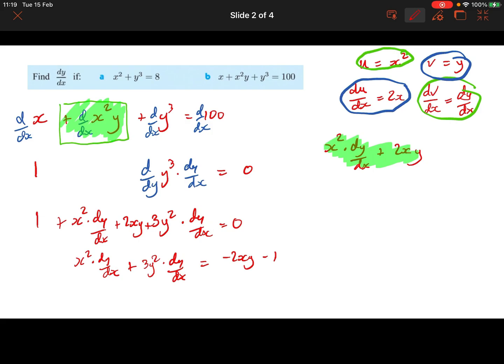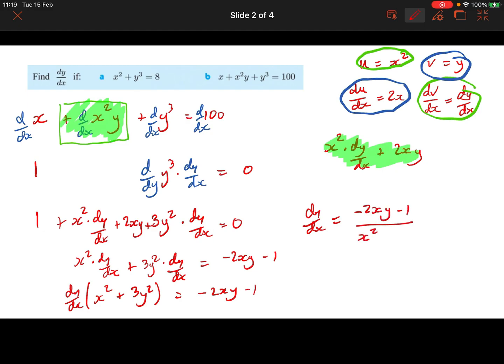Then I'm going to factor out dy/dx. So dy/dx becomes x squared plus 3y squared. Then we're going to divide both sides by x squared plus 3y squared. So dy/dx is equal to minus 2xy minus 1 all over x squared plus 3y squared.